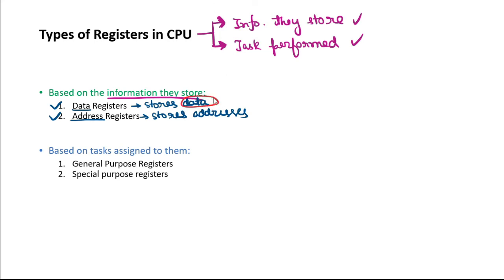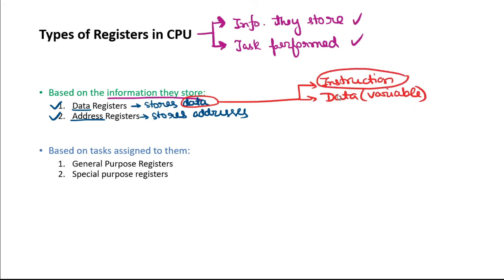Data with respect to a data register means instructions as well as variables, which we also call data. So a data register can store both instructions and variables.